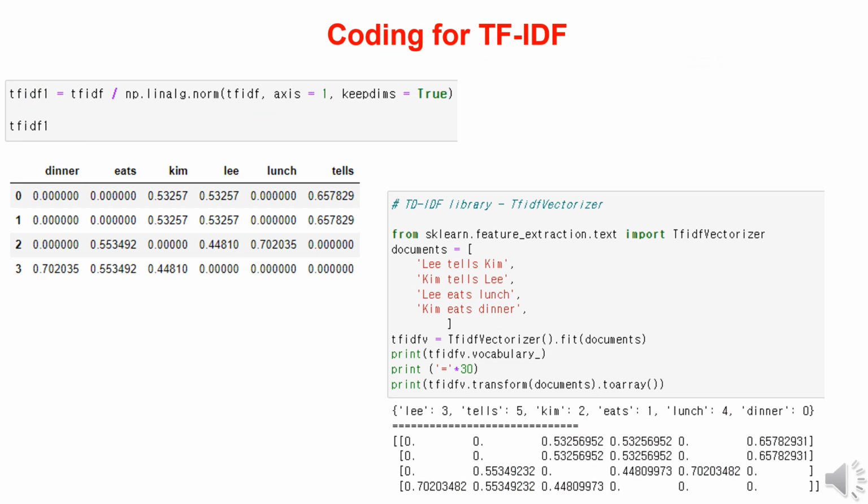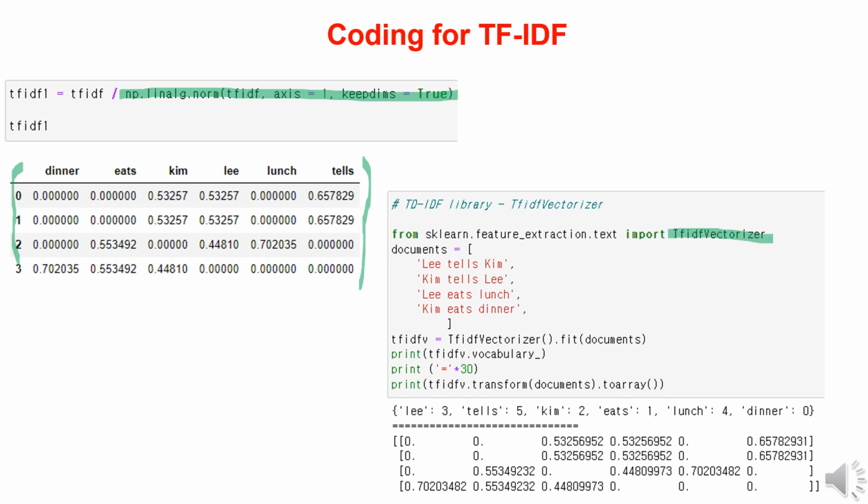The calculation of TF-IDF may be dependent on the length of the document. To ensure that documents of different lengths are treated equally in terms of importance, you can use the np.linalg.norm code to normalize TF-IDF values. Additionally, I'd like to mention that the process of calculating TF-IDF we've discussed so far can be easily implemented using the TF-IDF vectorizer library.